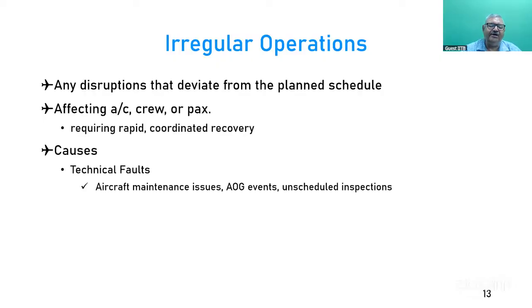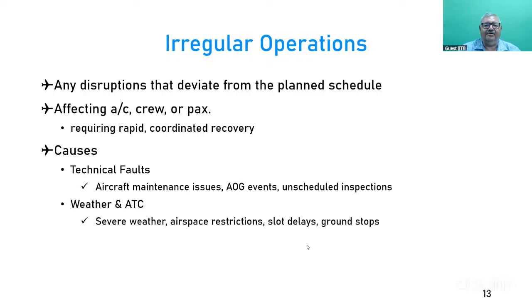So now you have to ground the aircraft and get that component from some other airline or from your home base. There could be unscheduled inspections specified by the regulatory bodies when they observe certain issues. After an accident investigation, there could be recommendations to ground every aircraft and inspect for certain things. So-and-so bolt in so-and-so place has to be checked. That will lead to irregular operations because of the technical fault.